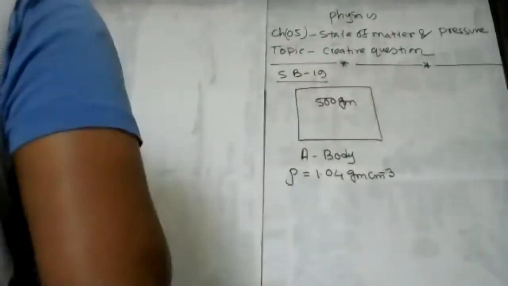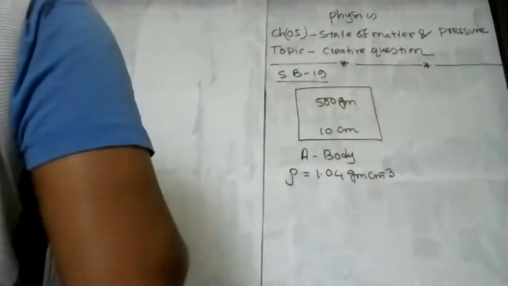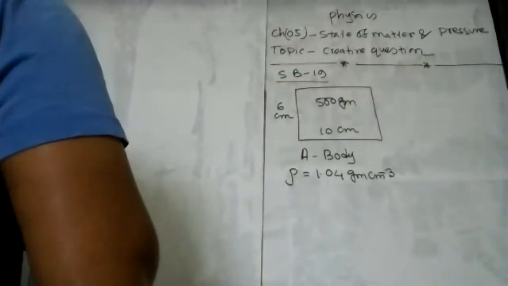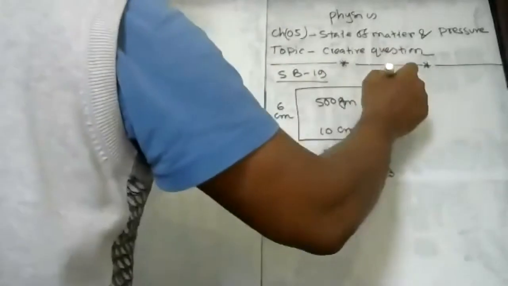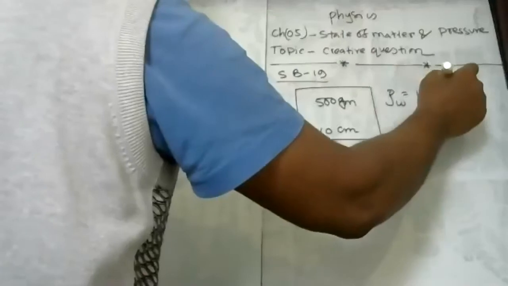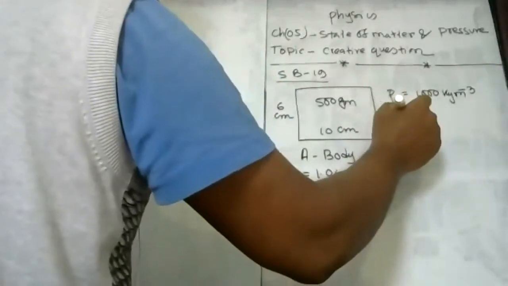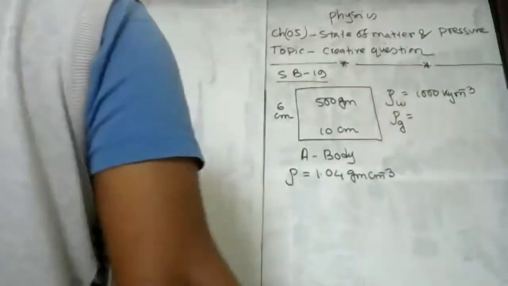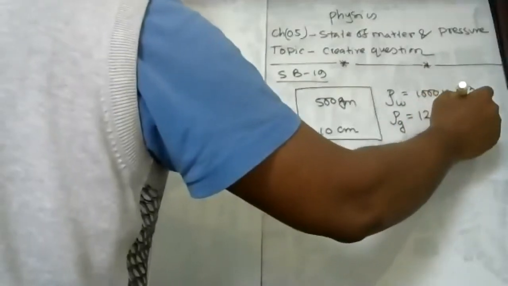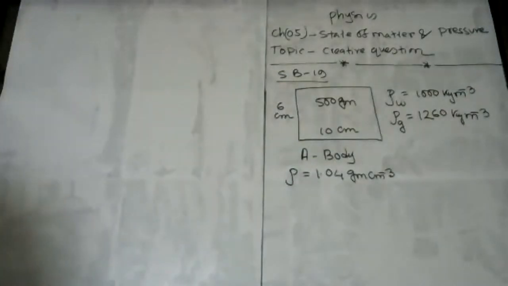Length of the body is 10 centimeter, and breadth of the body is 6 centimeter. Density of water equal to 1000 kg per meter cube. And density for glycerin equal to 1260 kg per meter cube. Okay, this is the density for glycerin.